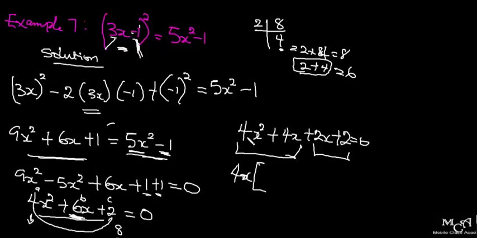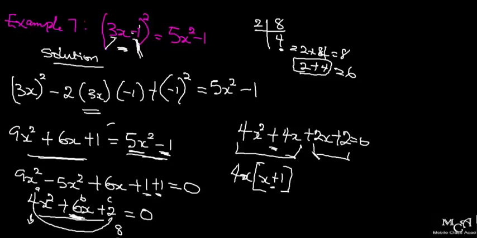If I take 4x from 4x squared, I'm left with x. If I take 4x from 4x, I'm left with just 1, plus 1. So if I multiply everything here, 4x times x gives me 4x squared, and 4x times 1 gives me plus 4x. So we're on the right track.